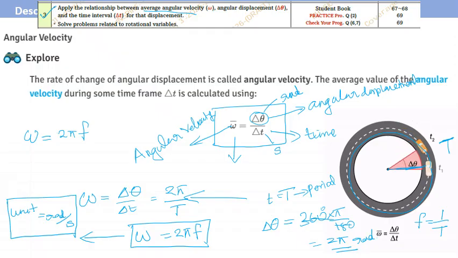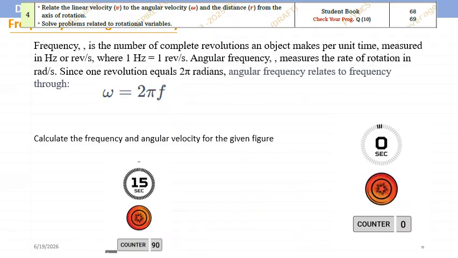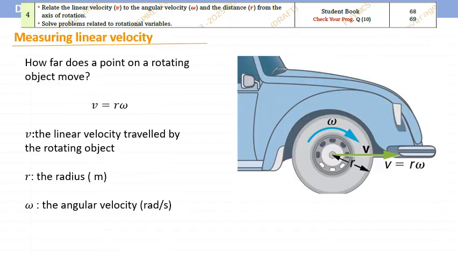Okay, now let us look at the next. The next learning objective is connected with the angular velocity and linear velocity connection. As you can see in the figure, a car is using a tire. Obviously, the tire will be rotating, right?